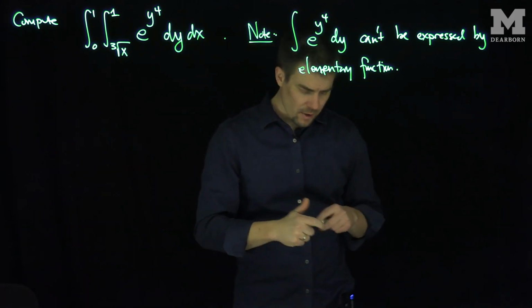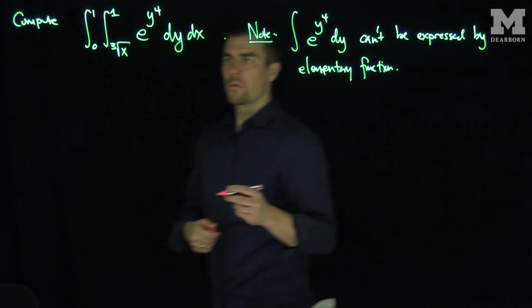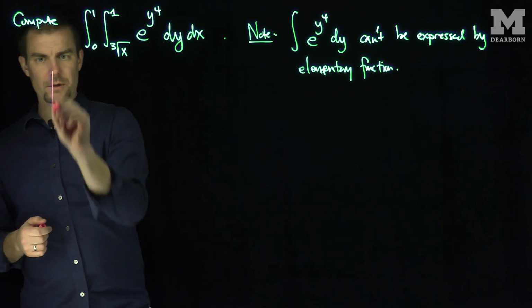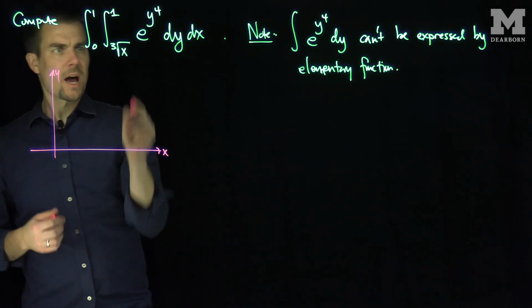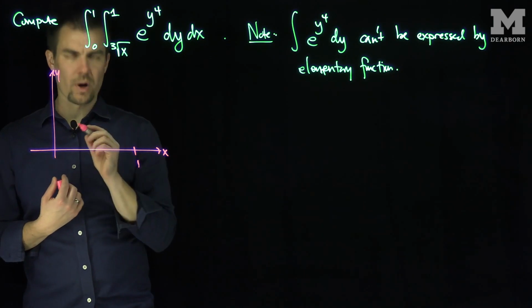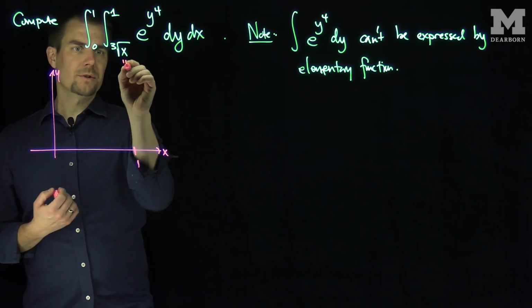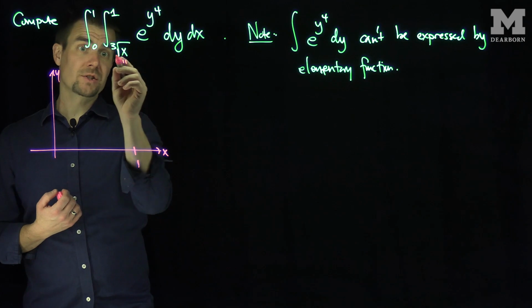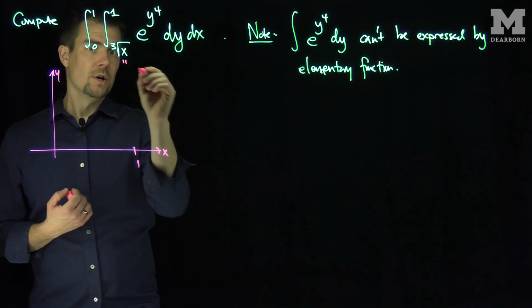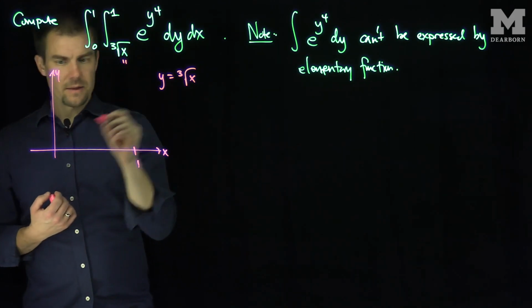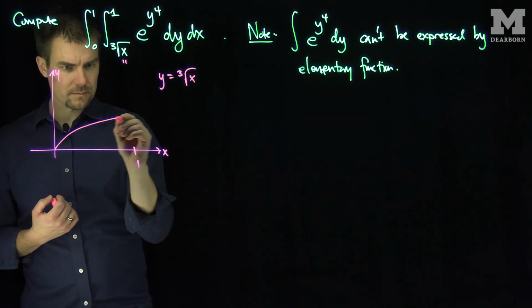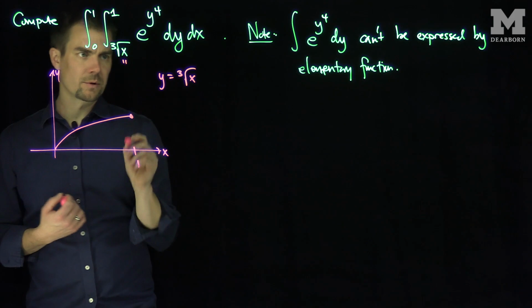However, if we sketch the region of integration, we know that x goes between 0 and 1. So let's write down our xy axis. There's my x-axis, my y-axis. X goes between 0 and 1. And I'm going to plot this curve over here and figure out where y goes between. So y starts on this curve, the third root of x. If y is equal to the third root of x, then that curve looks like this, similar to the square root.